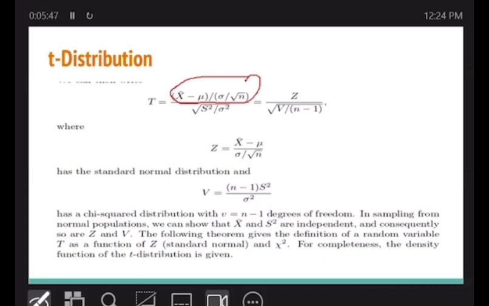Now, if Z equals that numerator, and I divide that by this square root, it's like I'm dividing by a ratio of sample variance to population variance, because S square is the sample variance and sigma square is the population variance.